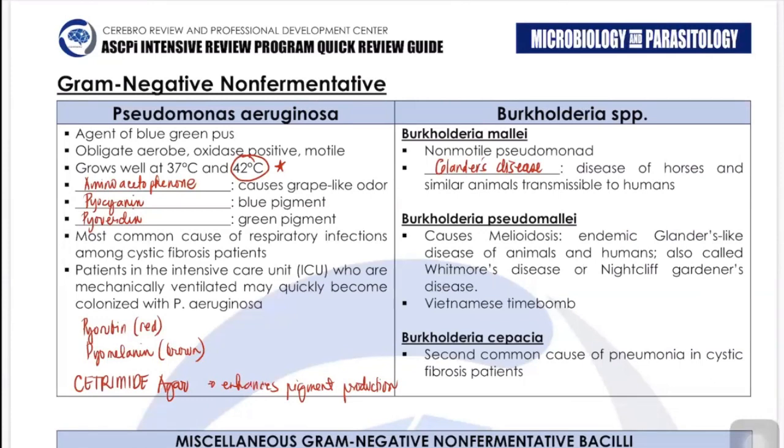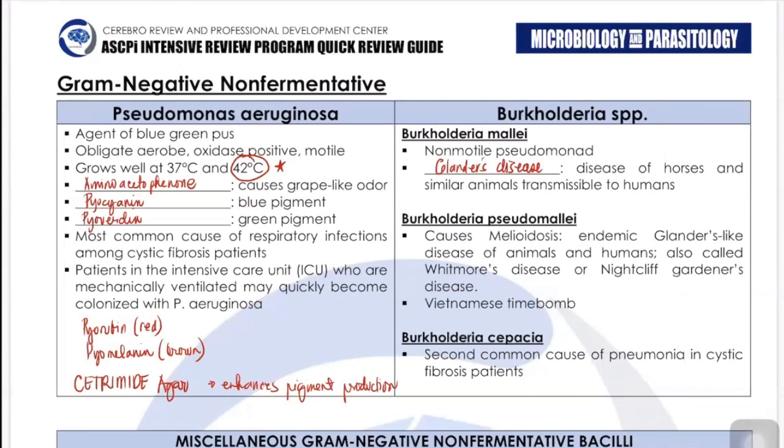Then we also have Burkholderia pseudomallei, which causes melioidosis, or an endemic glanders-like disease of animals and humans, which is also referred to as Whitmore's disease or Nightcliff Gardener's disease.